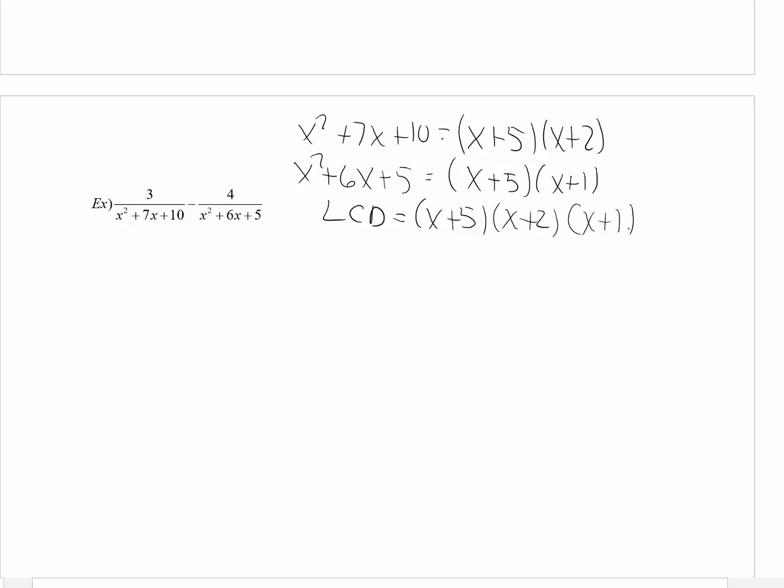Okay, so I'm going to rewrite. The only difference is I'm going to write each of the denominators in factored form. Now, underneath, I will write each fraction with the LCD.